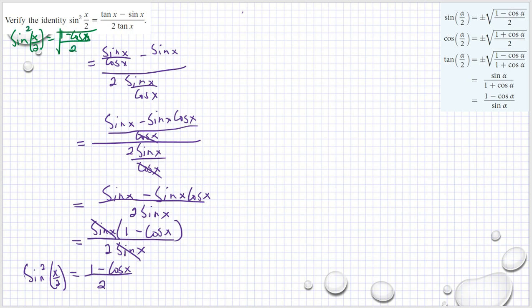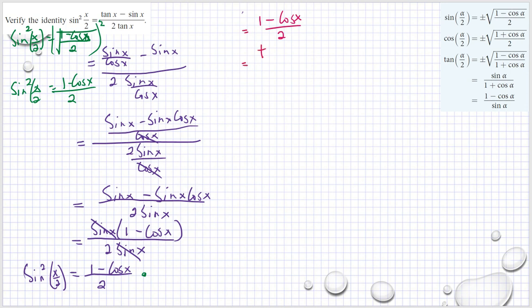So if we take the square of both sides, then we have sine squared x over 2 is equal to 1 minus cosine x over 2. The thing that we got there. What if we do the left hand side instead of the right hand side? As I said, sine squared x over 2 is 1 minus cosine x over 2.